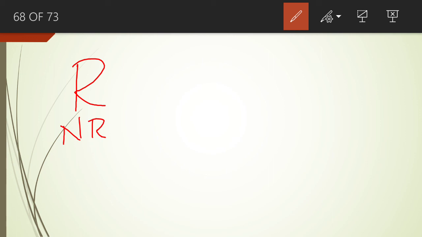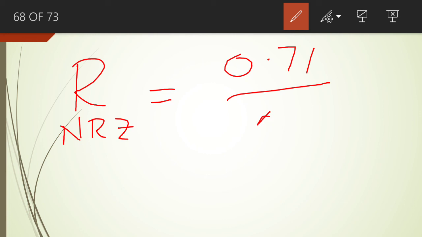So let me consider the data rate of the NRZ signal. This was equal to 0.71 divided by delta T. If you guys remember, we derived this particular equation in the previous class.